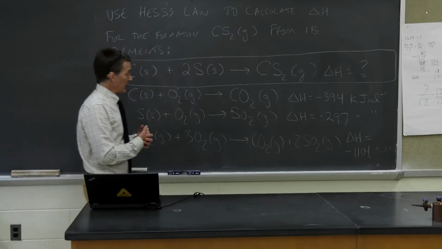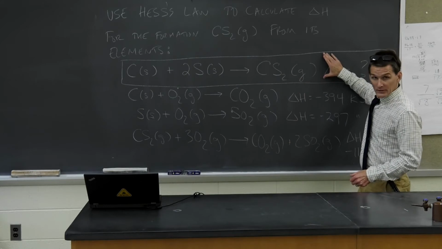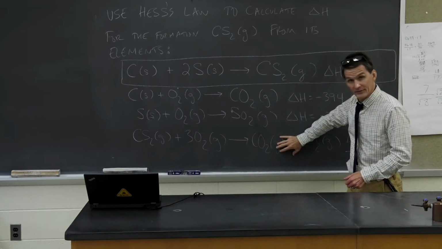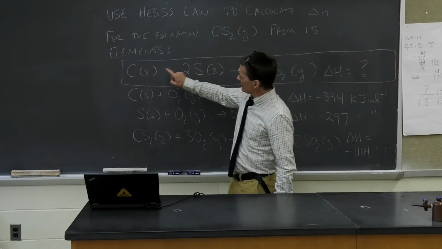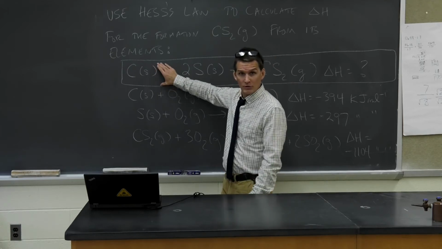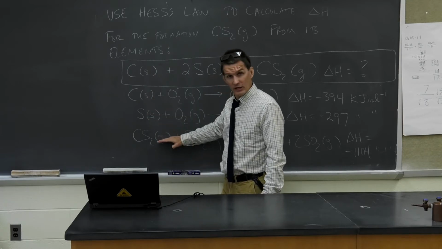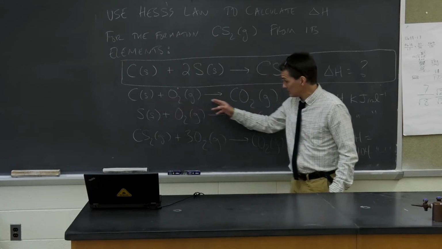Okay, here's the way I go about doing this. I look at the reaction that I want, and then I inspect the reactions that I'm giving the enthalpies for. And I say, I need solid carbon as a reactant in my overall reaction. Do any of these reactions have solid carbon as a reactant or a product? And of course the first one does.